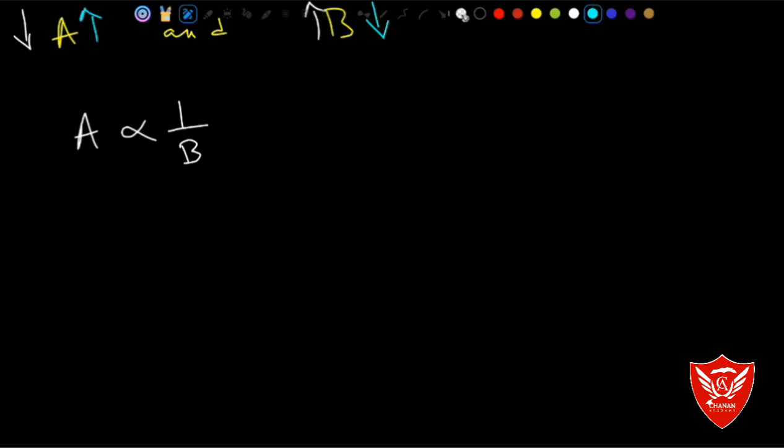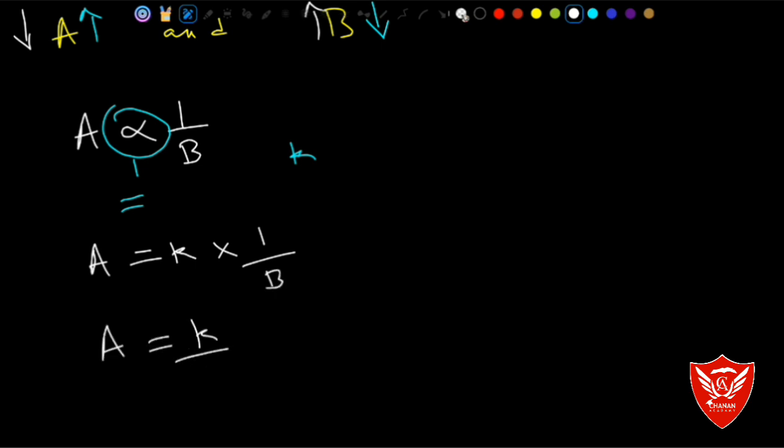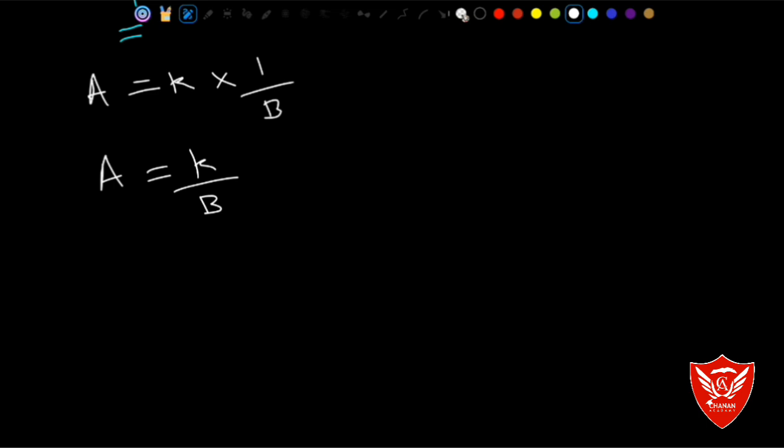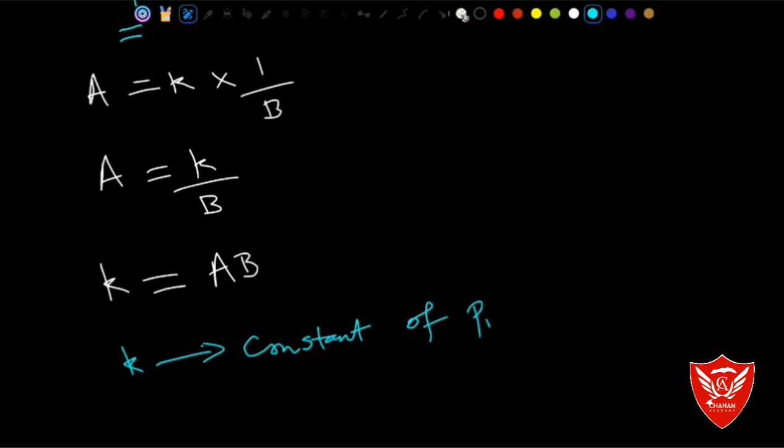Also, for us to change this proportionality symbol to an equality sign, we introduce a constant k. So we have a equal to k multiplied by 1 over b, which is the same thing as a equal to k over b. And then if we want to solve for k, the constant, k is equal to a multiplied by b. Take note, k is the constant of proportionality.